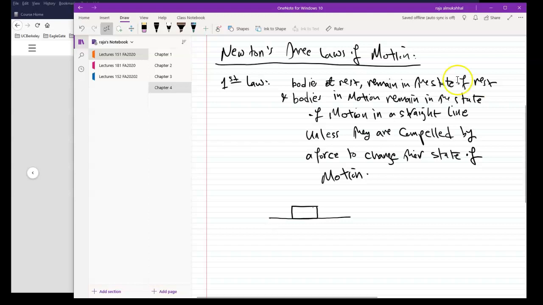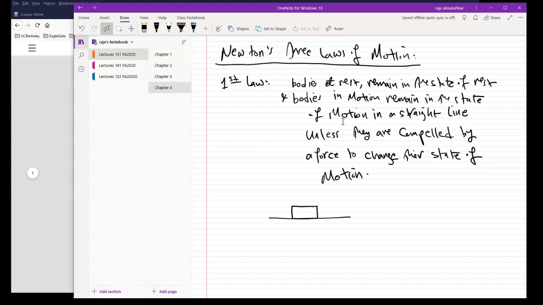Now, if you have something in motion, moving, as long as there are no forces on it to change the state of motion, it will continue going in the state of motion. That's basically what it said. Bodies in motion remain in the state of motion. Why? Because there's no forces on it. Why would it stop? In order for it to stop or to change the state of motion, there has to be a force.